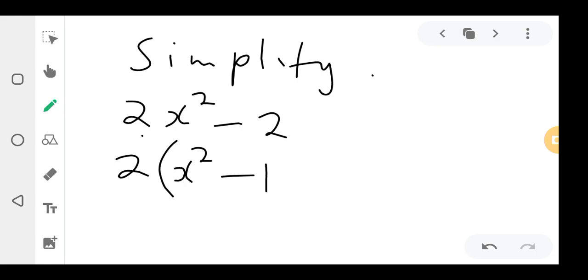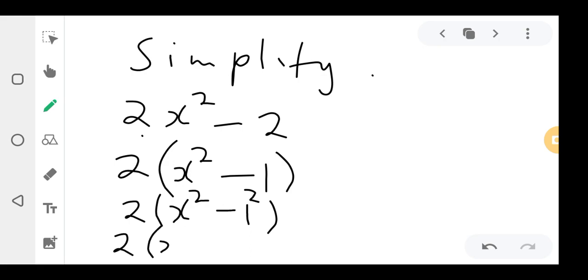So 2, open bracket, x squared minus 1. For you to write 1 as a perfect square, you say 1 squared. You remember what I said? So it will be 2, open bracket, x plus 1, you pick 1 from that side, open bracket again, x minus 1, closed.